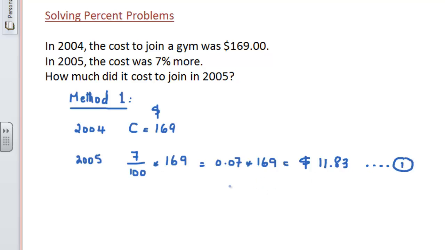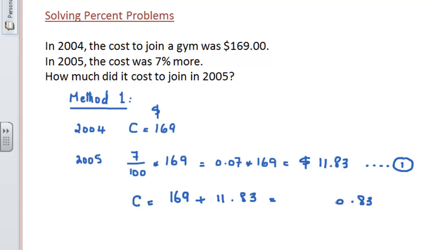Now, to find the total cost, I need to say C equals the 169 of 2004 plus the 7% more, which is 11.83. In this case, it's going to give me, again, the 83 cents as it is. 1 plus 9 is 10.